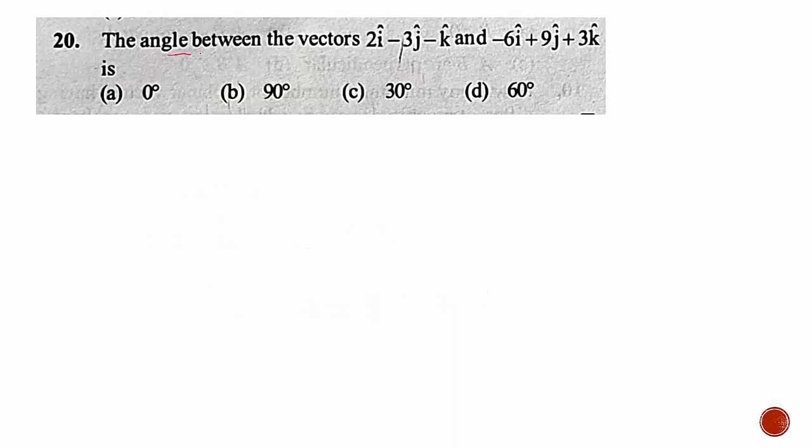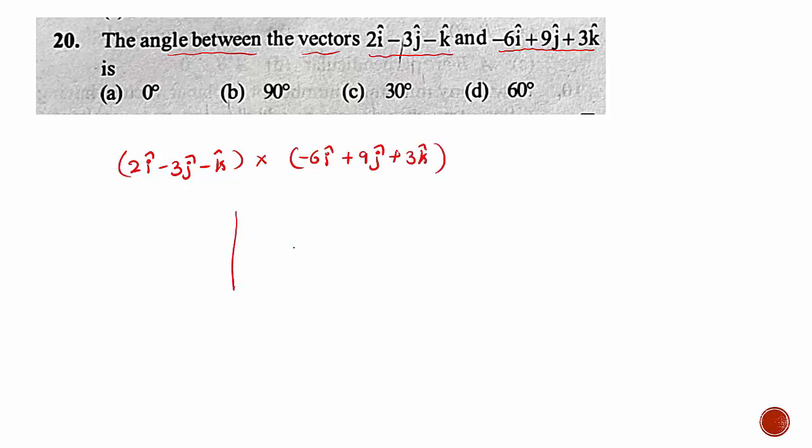20th question, the angle between the vectors 2i cap minus 3j cap minus k cap and minus 6i cap plus 9j cap plus 3k cap is? I am going to use the given values, or directly we can use the determinant here. i cap, j cap, k cap, write their values: 2, minus 3, minus 1, and minus 6, 9, 3.